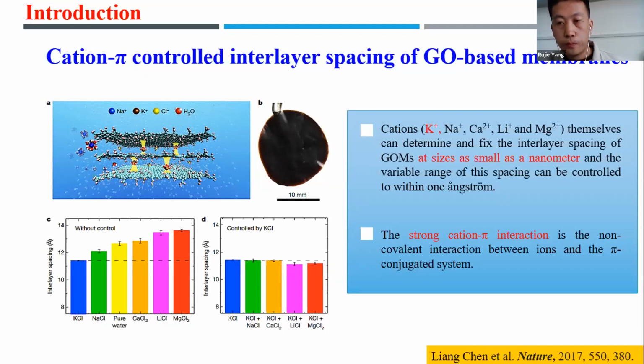For example, in our previous work, cation-type controlled interlayer spacing of GO-based membranes was proposed, and this method relies on stronger cation-pi interaction between ions and the highly conjugated system.